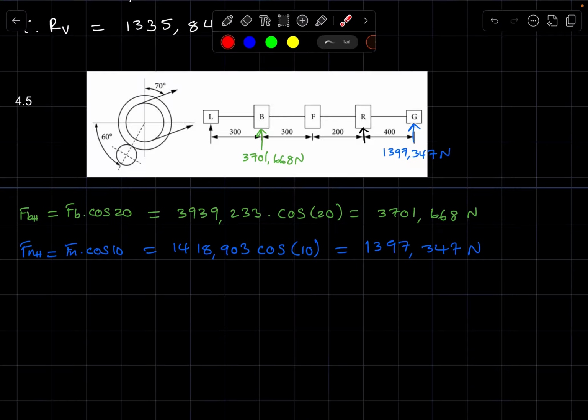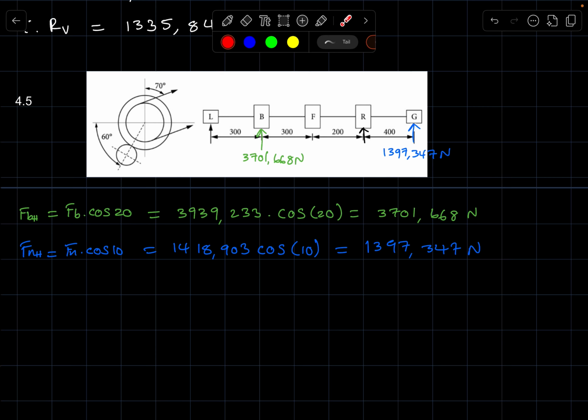Right, so remember that the flywheel, the only force to consider as far as the flywheel is its weight. Its weight is parallel with the vertical plane. There is no component of the weight that is parallel with the horizontal axis. Hence, there is no force to consider as far as the flywheel along the horizontal plane.